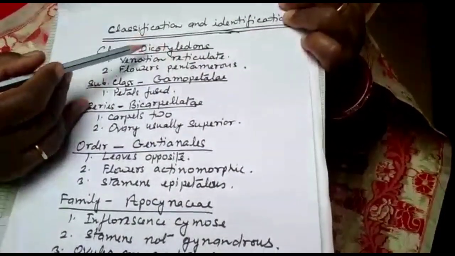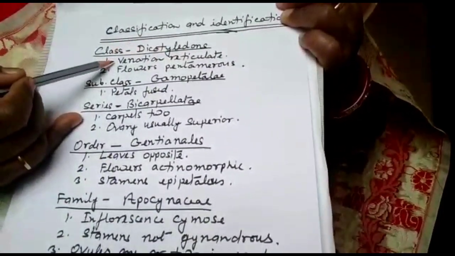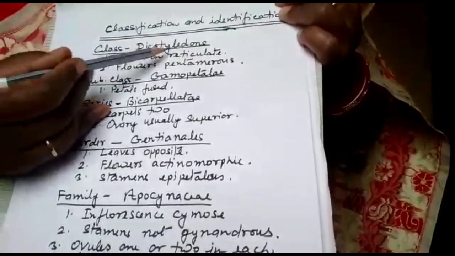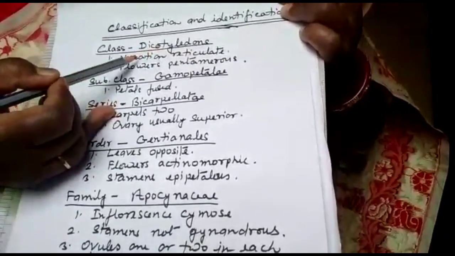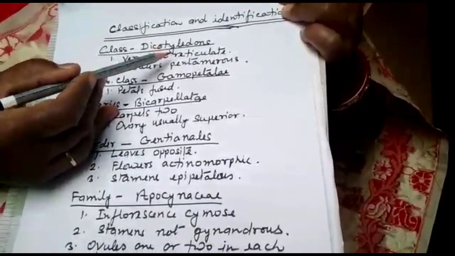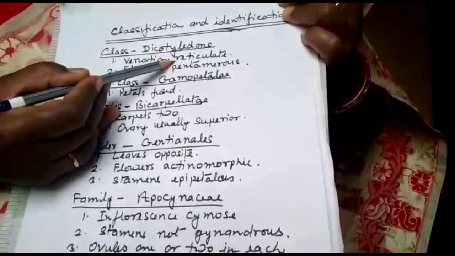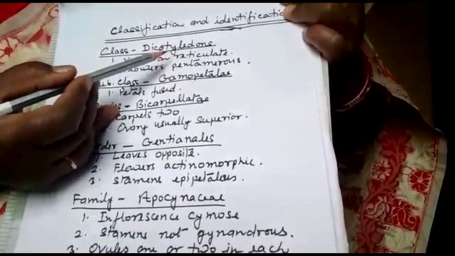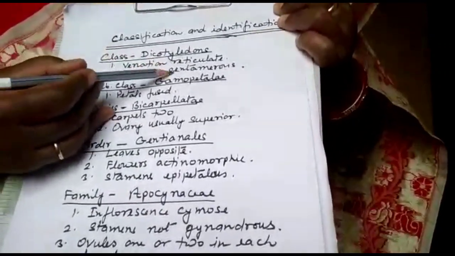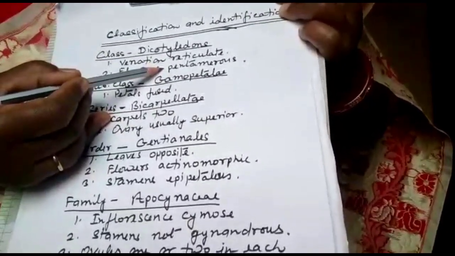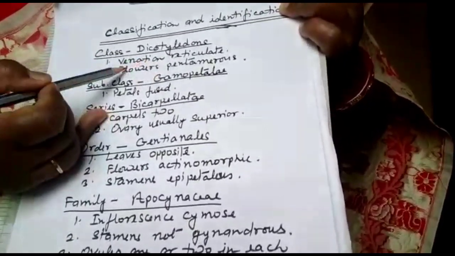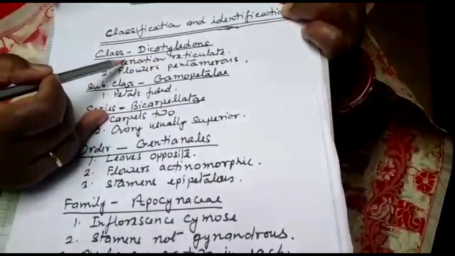So the first character is venation reticulate. Venation reticulate means in leaf reticulate venations are found, and flowers are pentamerous. That means sepals 5, petals also 5, stamens also 5. So flowers are pentamerous.